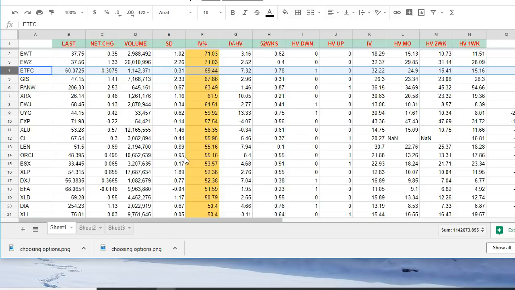That should be close enough to probability of in the money of 10. So in this case, that's what I did, 55 and 70. That was closest to delta 10 on each side. I mean 10 and minus 10 on the put side.